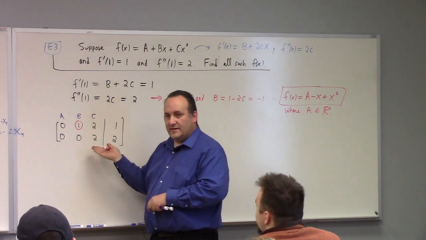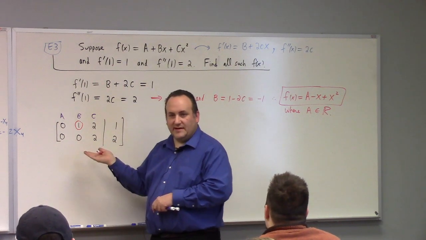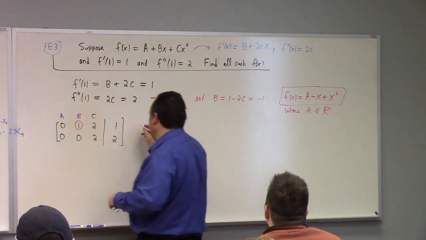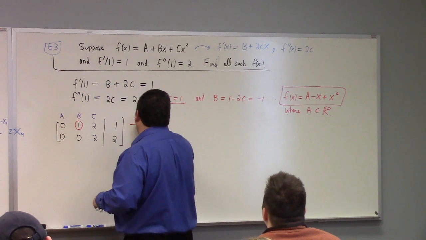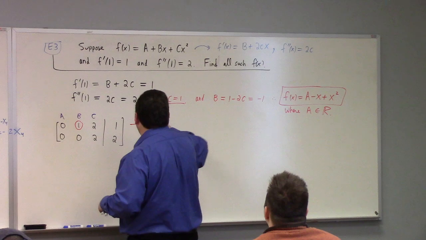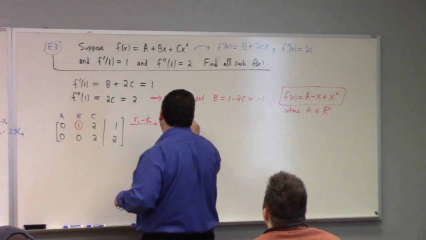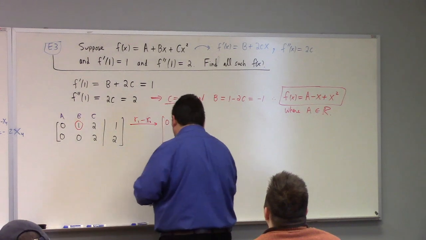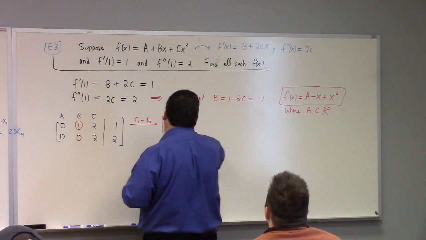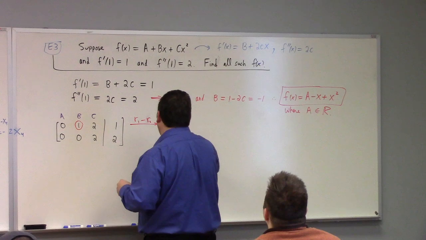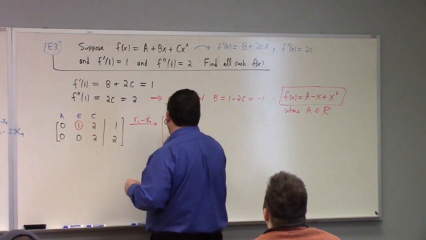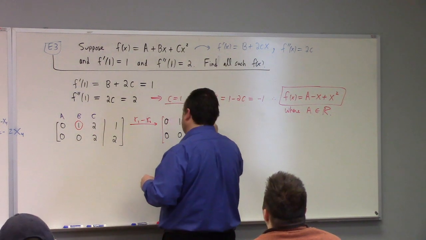And the backward pass is just one step. Well, 2 steps. The first step might be row 1 minus row 2, right? Let me stop using the red here. So I got 0, 1, 0, 0, 0, 2.